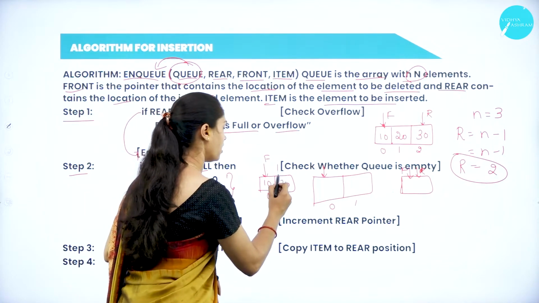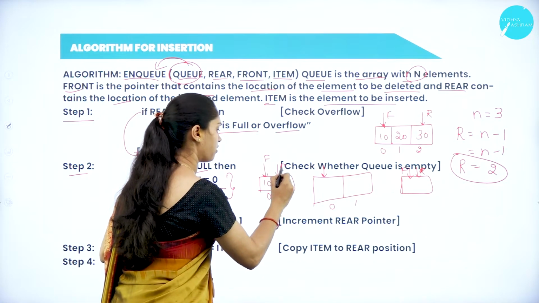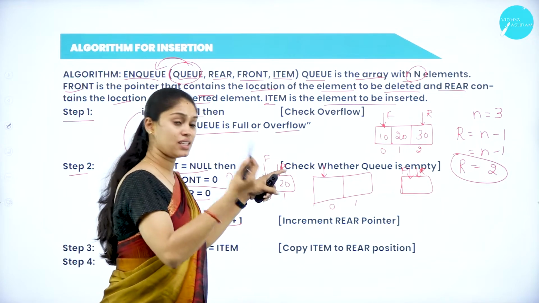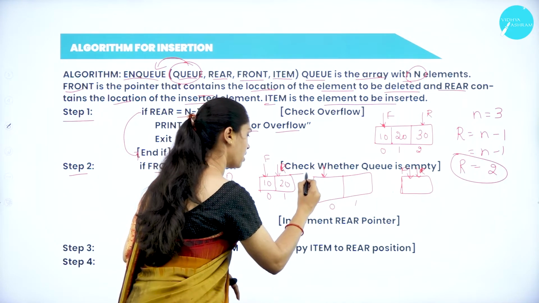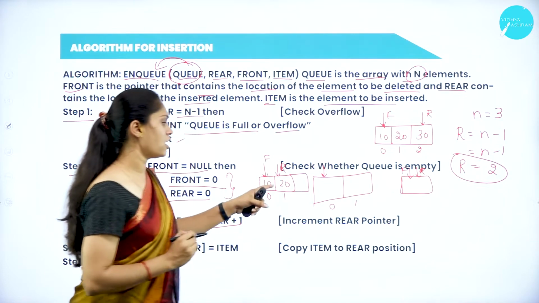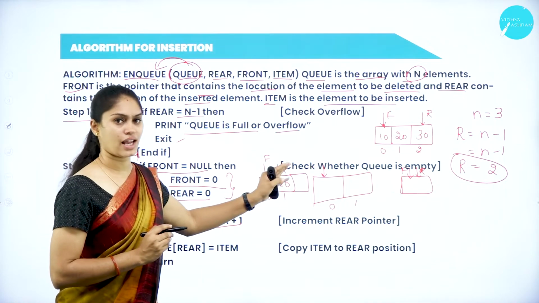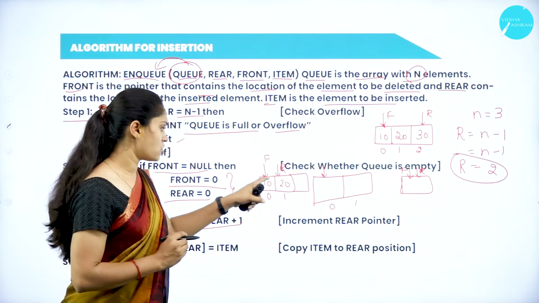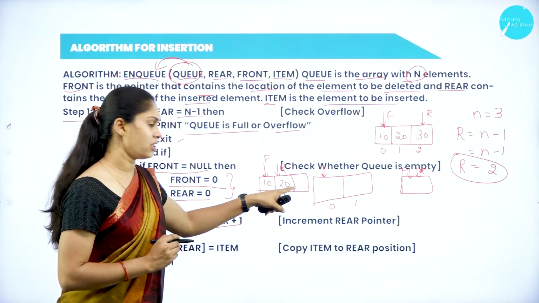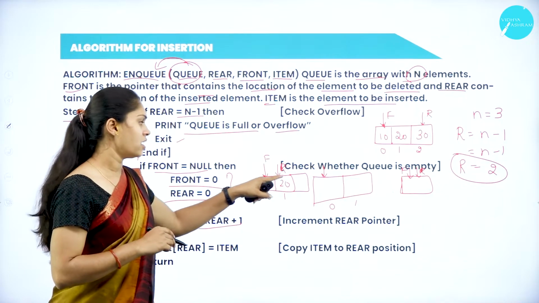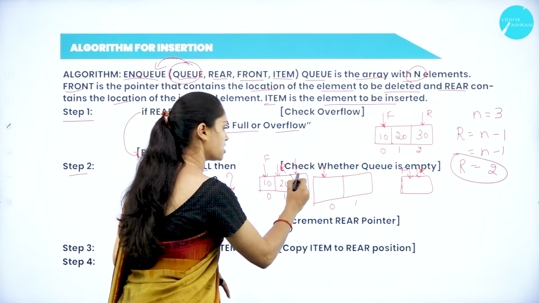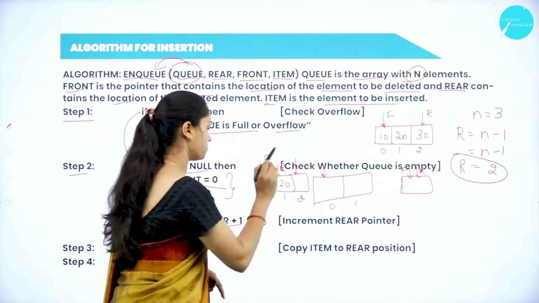Rear was here, so this rear will be incremented by 1. That creates one more space for the element to be inserted. Now rear becomes 2.